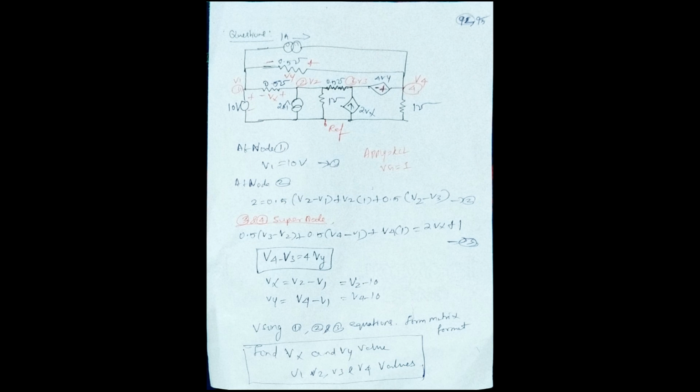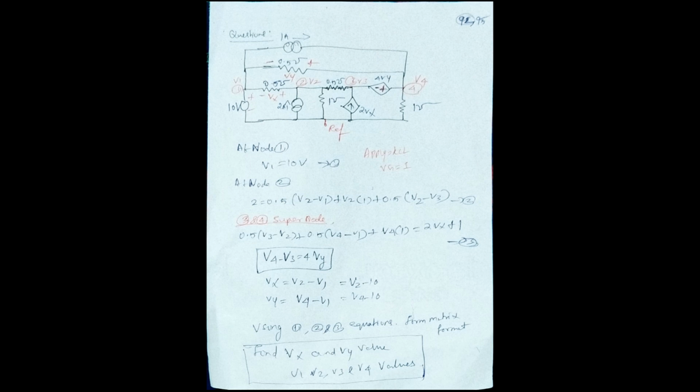The 2 ampere source is equal to 0.5 mho conductance into V2 minus V1. The 0.5 mho conductance depends on nodal voltages V2 and V1, opposite direction, so put minus V1, plus the 1 mho conductance into V2. The 1 mho conductance meets at the V2 point, plus a 0.5 mho conductance.